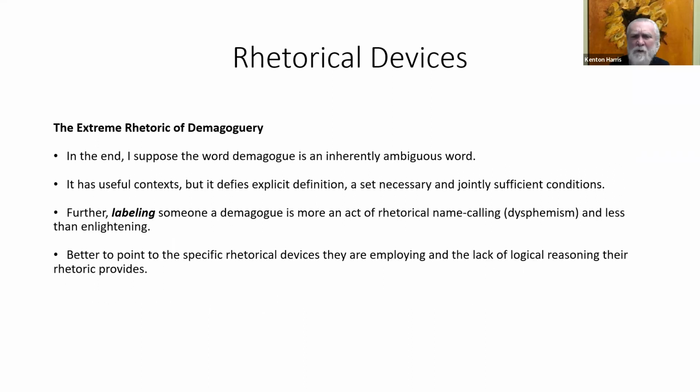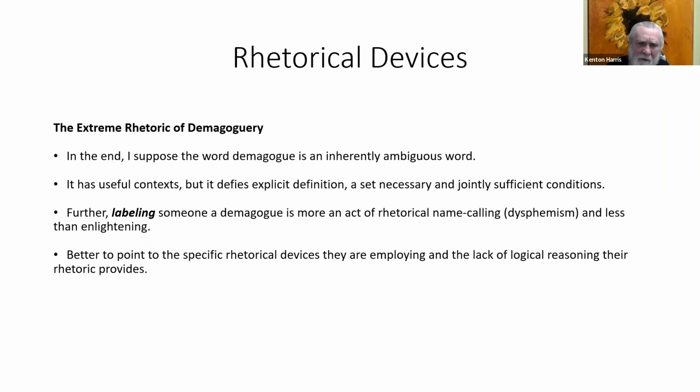In the end, I suppose that the word demagogue is an inherently ambiguous word. It has useful context, but it defies explicit definition. Again, a set of necessary and jointly sufficient conditions. Further, labeling someone a demagogue is more an act of rhetorical name-calling, a dysphemism, and less than enlightening.